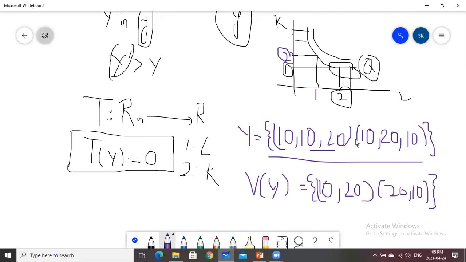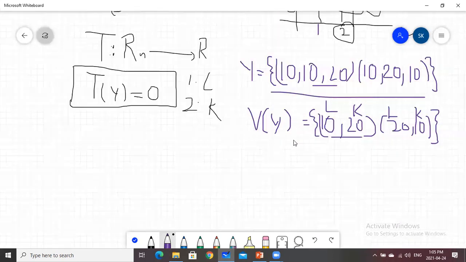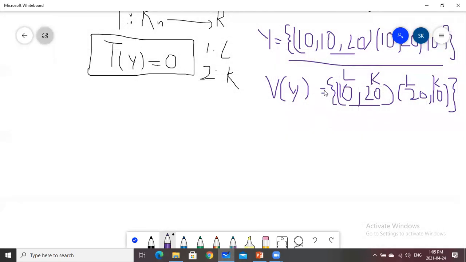The input required for the production of goods is represented by 2 subsets. If this is labor and this is capital, this is capital intensive technique. If this is again labor, this is capital, this is labor intensive technique. These are the input requirements for the production functions.